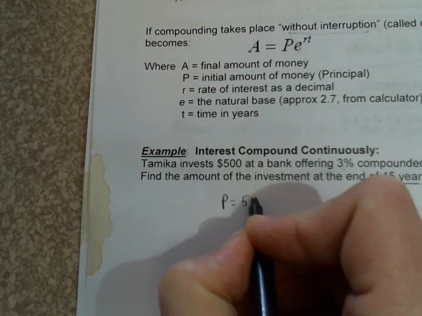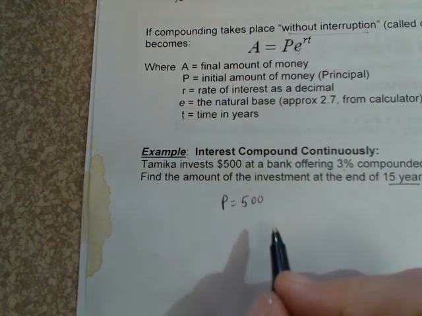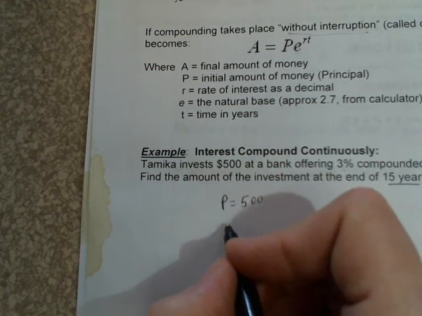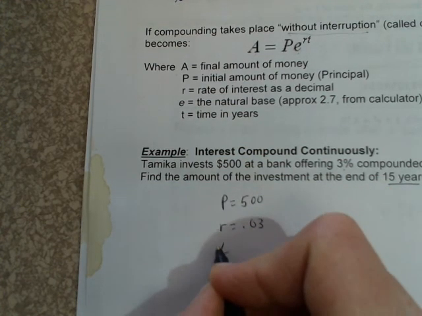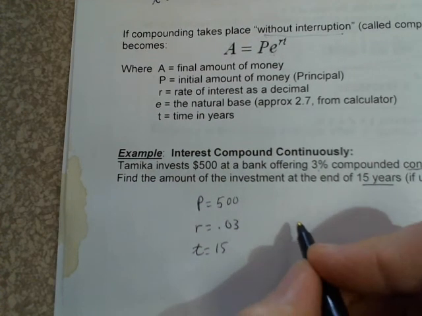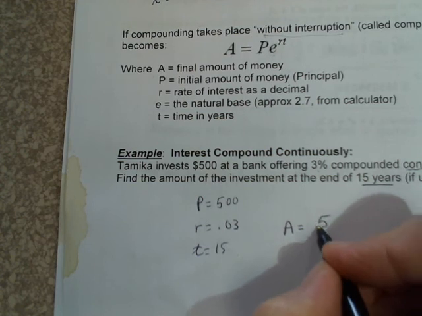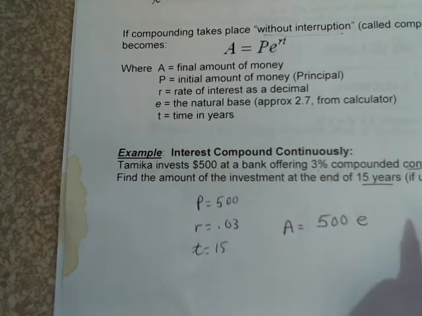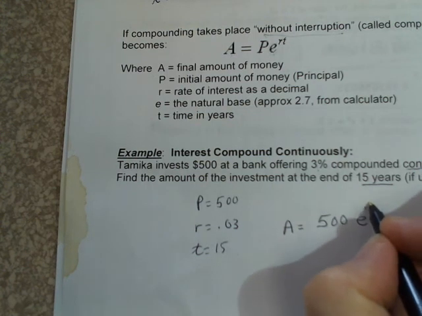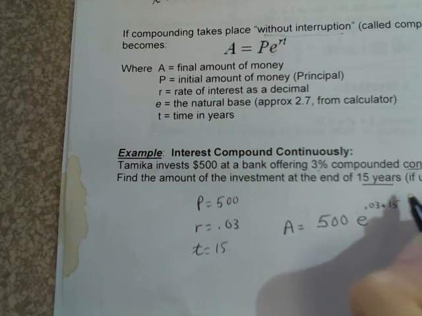P is 500, but we don't have an N value anymore because it's continuous. So the rate of interest is 0.03 and the time is 15 years. So the amount of money Tamika will have after 15 years is 500 times e to the power of RT, which is 0.03 times 15.